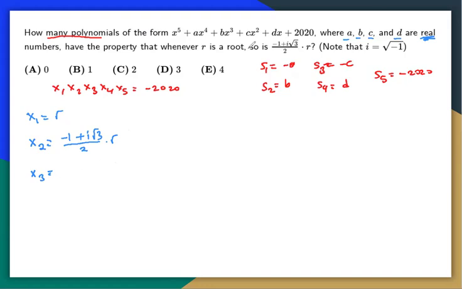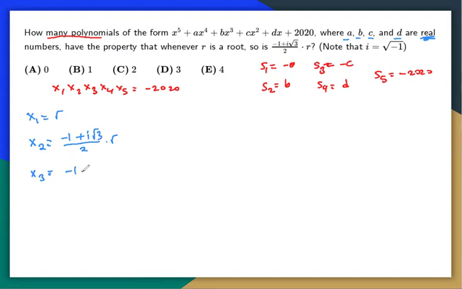So I'm going to continue with my only property. Think about the same property now. This is a solution, and if there is a solution, then the solution times this number will be a solution as well. That means if I multiply this solution by this complex number, I should get another solution of my polynomial.